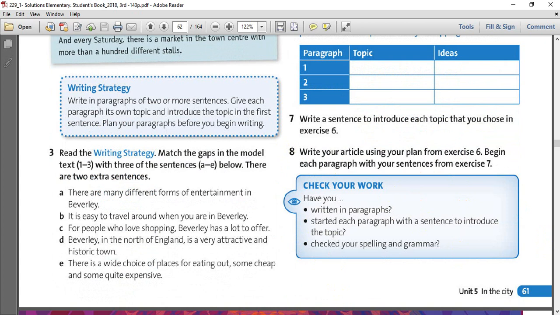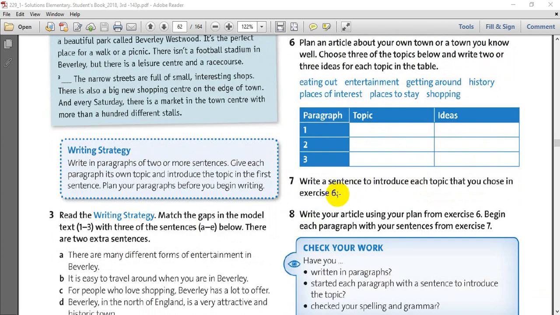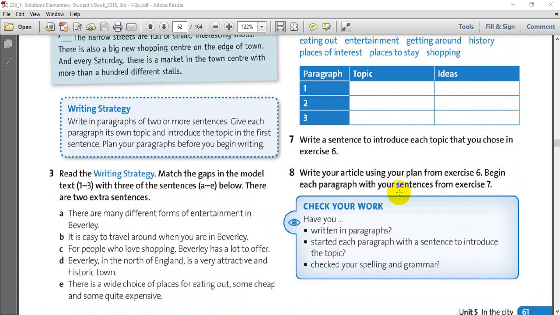Number 8, write your article. This is also homework. Write your article using your plan from exercise 6. Begin each paragraph with your sentences from exercise 7. Here, check your work. Have you written in paragraphs?